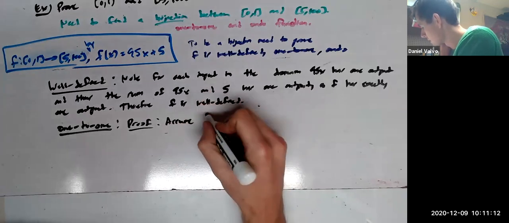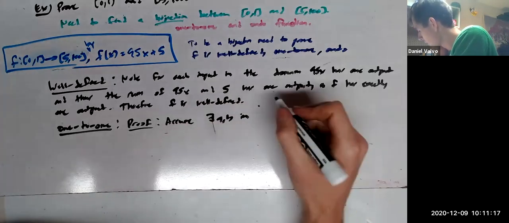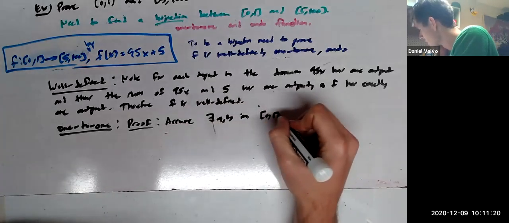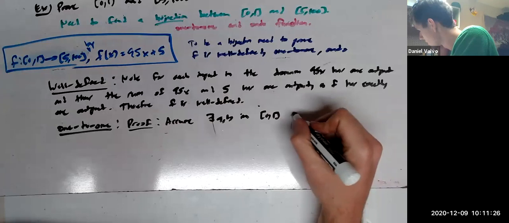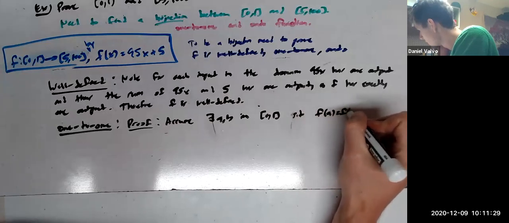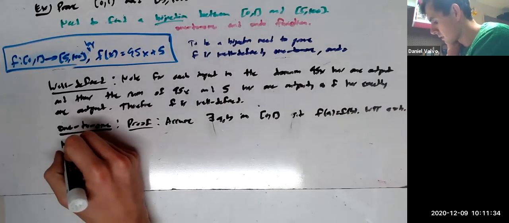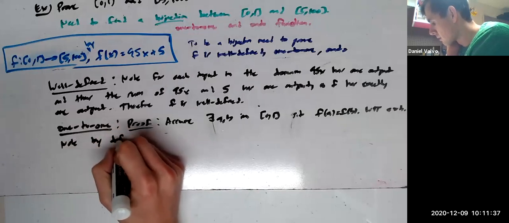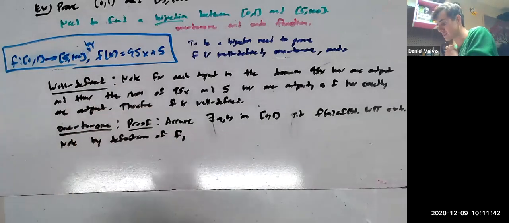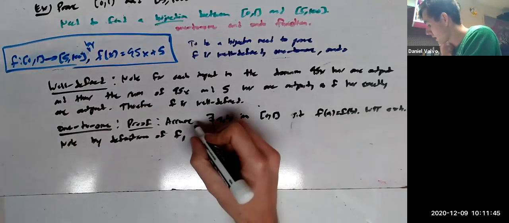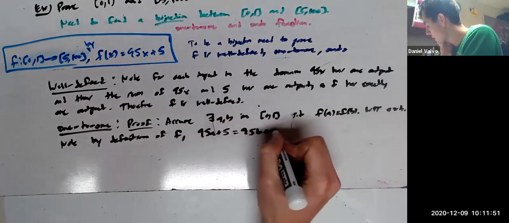Assume there exist a and b in the domain, which is 0, 1, such that f of a equals f of b. We want to show a equals b. Note, by definition, f of x equals 95x plus 5. Since we have f of a equals f of b, we get 95a plus 5 equals 95b plus 5.